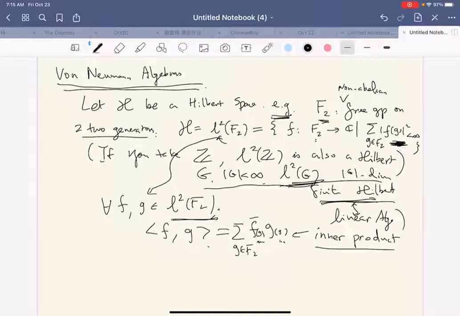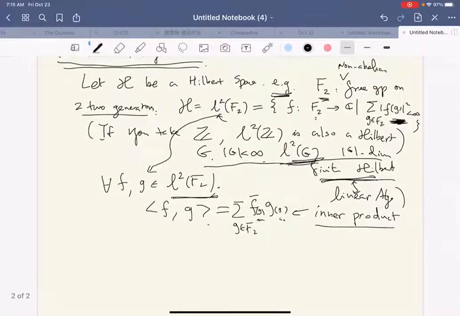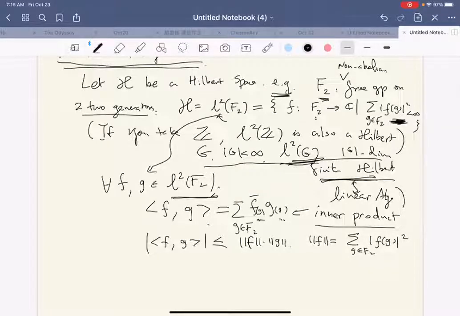But this makes sense because of Cauchy-Schwarz. So the absolute value of this is bounded by little L2, so maybe I'll write the norm of F times the norm of G, where the norm of F is just the sum over the group elements squared, then take the square root. This is the so-called Cauchy-Schwarz inequality.